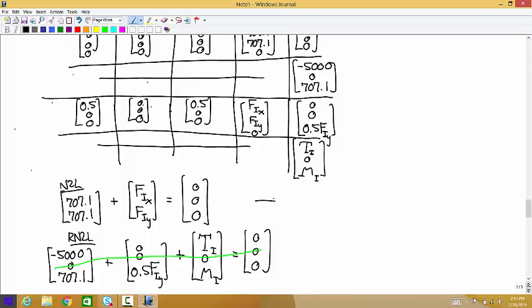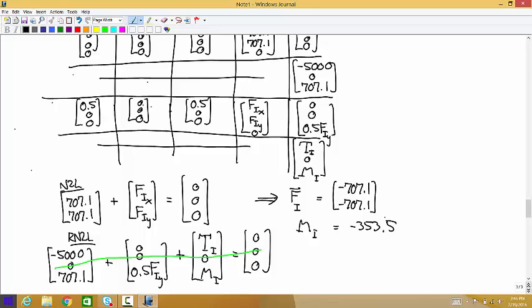And if we solve this, we get Fi is equal to negative 707.1, negative 707.1. And Mi is equal to negative 353.5, I think, right?